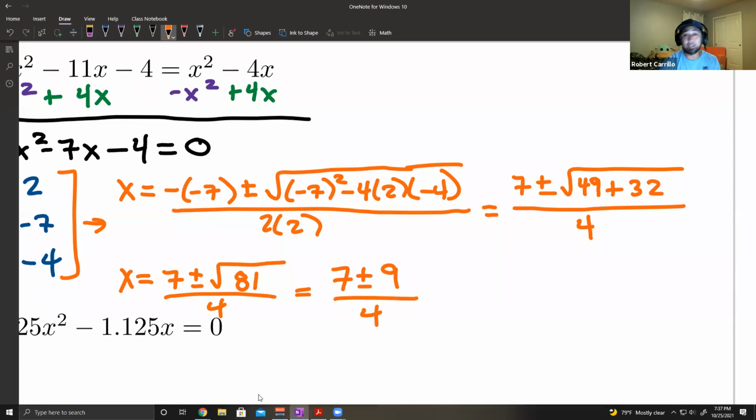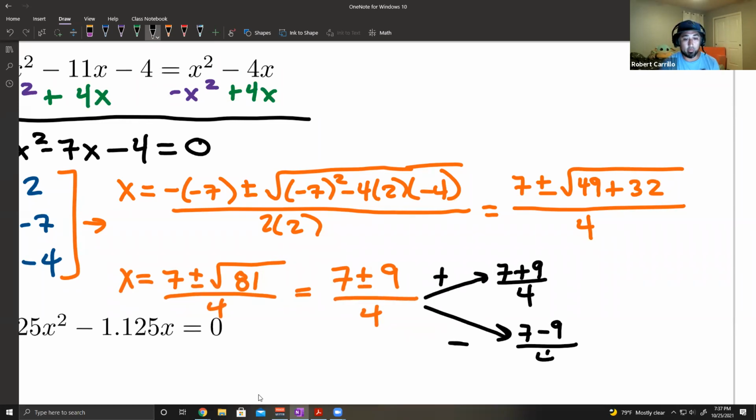Okay, so since this is perfect, do not split it into two fractions. Let's just go ahead and do the plus and the minus. So we're going to do the plus route, and that's going to be 7 plus 9 over 4. And then we're going to do the minus route, 7 minus 9 over 4. All right. What is 7 plus 9?